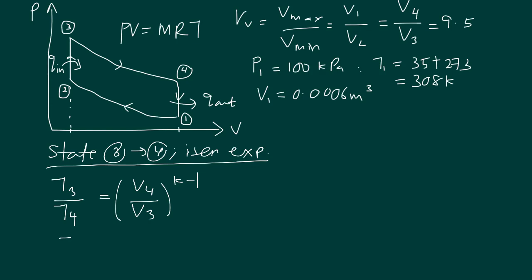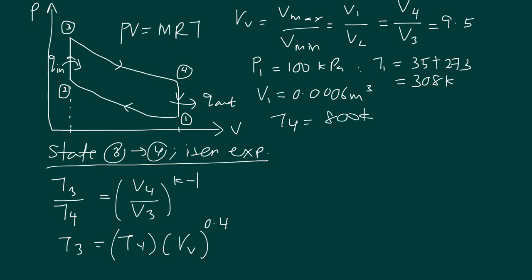So your T3 is equal to your T4 times your RV to the 0.4, where T4 is already given to you as 800 Kelvin.